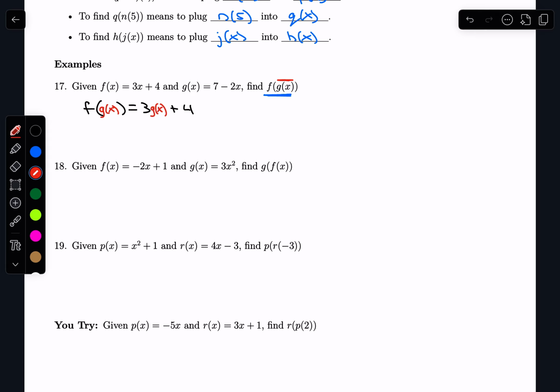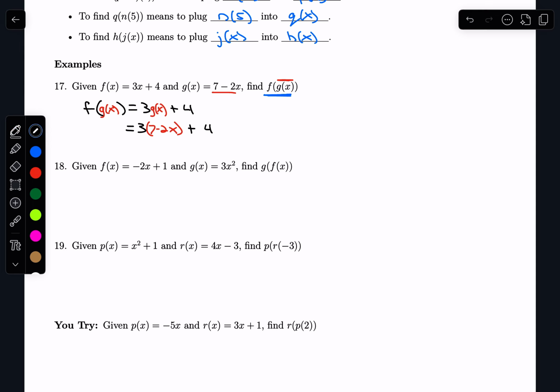So now notice, it says that f of g of x is equal to 3 g of x plus 4. Now all I have to do in the next step is replace that red g of x with what g of x actually is. The function up there for g of x is 7 minus 2x. So in parentheses, I'm just going to replace g of x with what it is, 7 minus 2x.